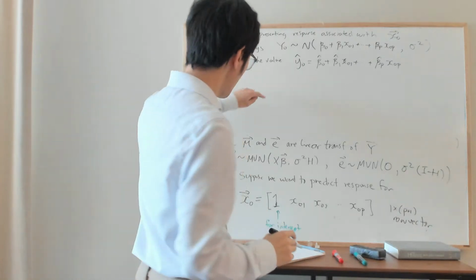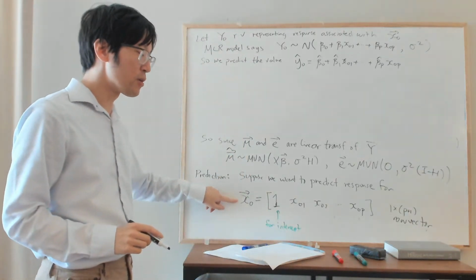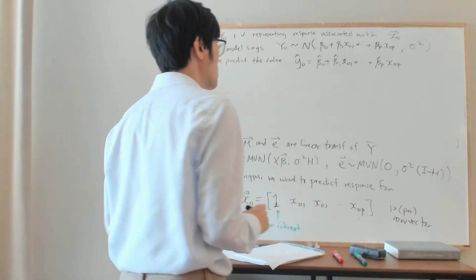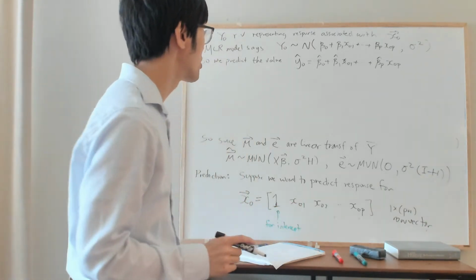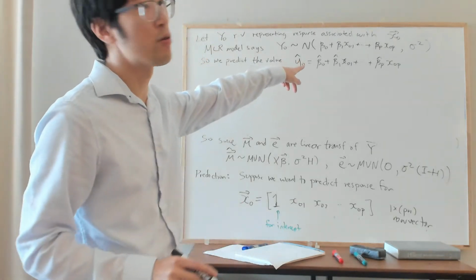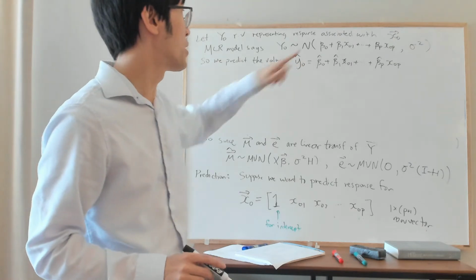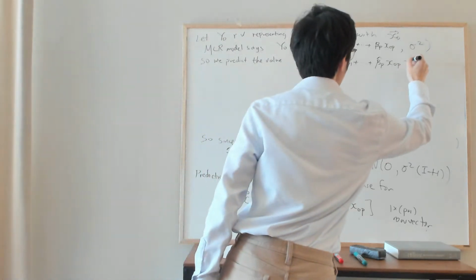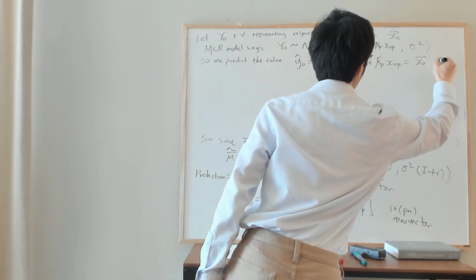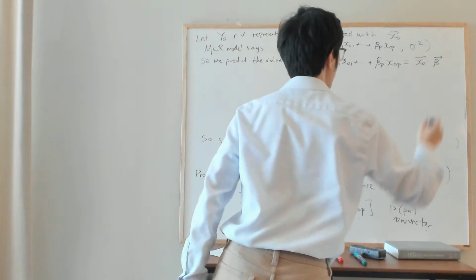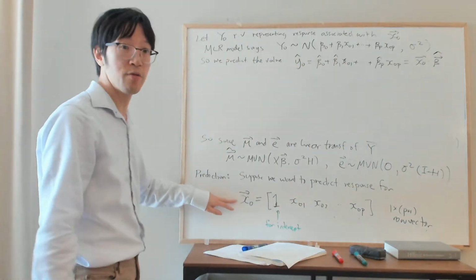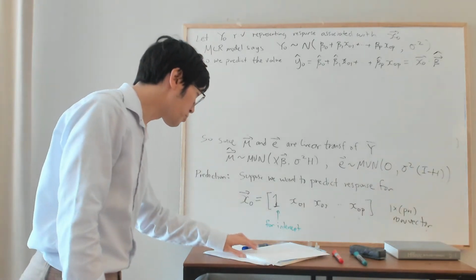And notice by writing the entire x0 vector in this form, this is simply the dot product between the vector x0 and the vector of beta hats, x0 times beta hat. That's why we defined the notation this way.